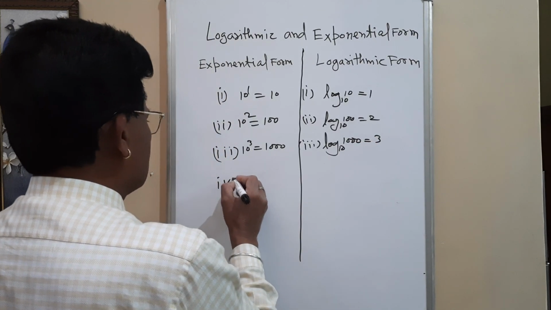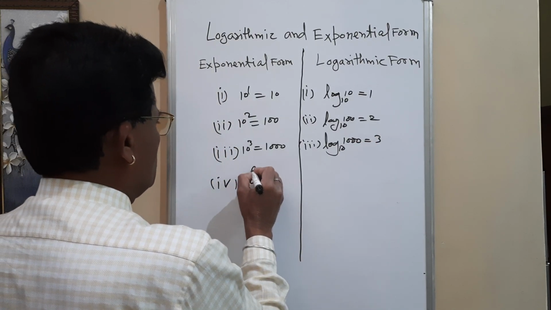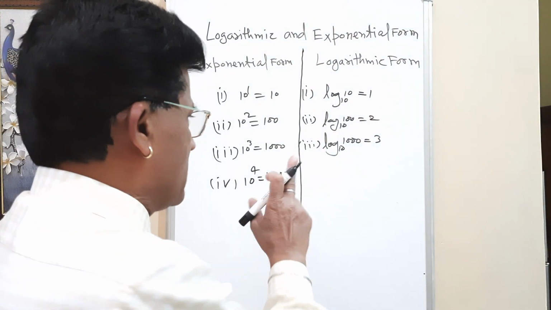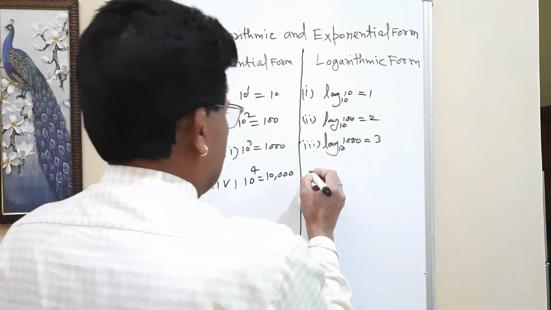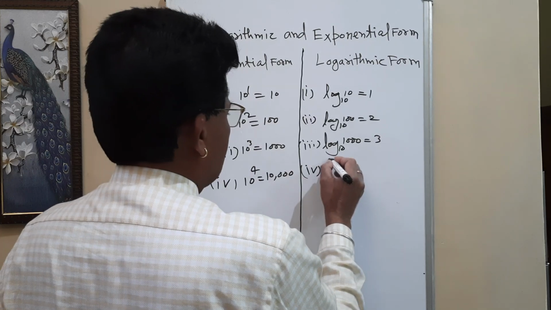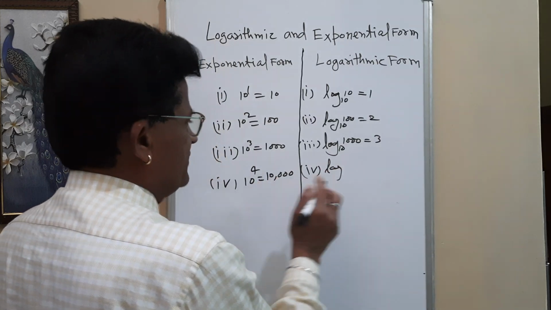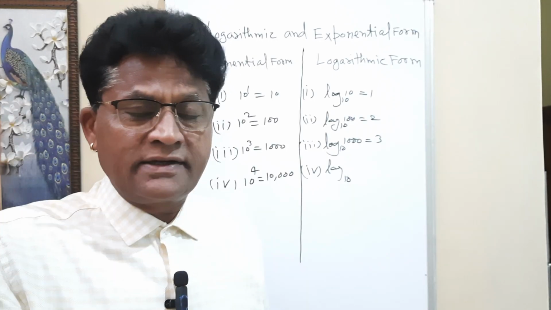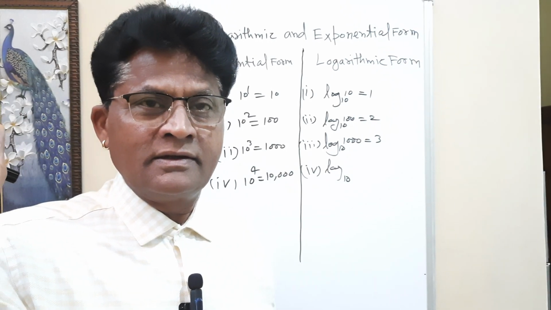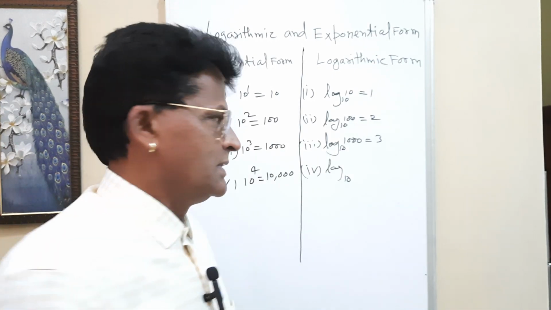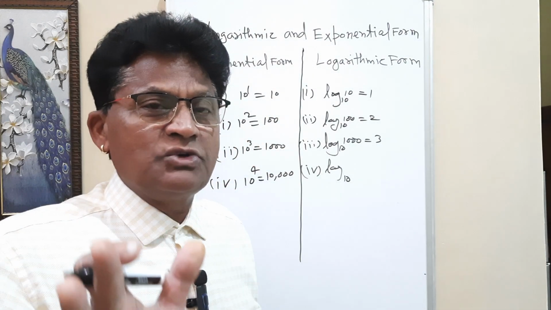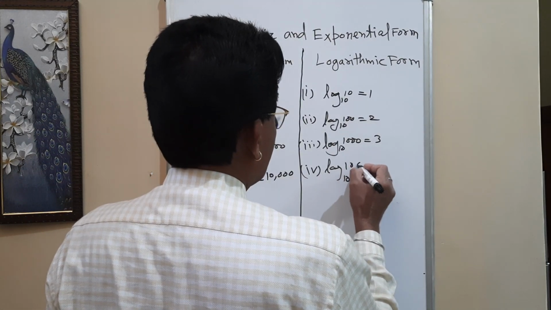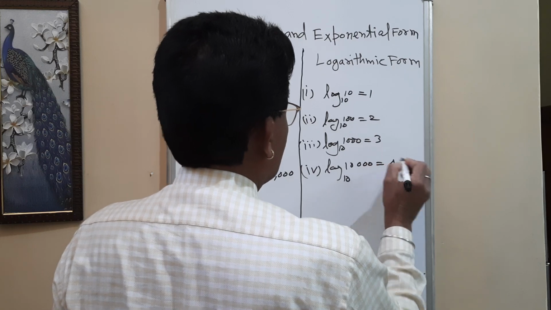Let me take one more example. Suppose 10 to the power 4 is 10,000. Carefully you see, I am telling you the important thing. Exponential form as well as log form: the log base will always be 10 because the base is required. Without the base, you cannot write the log form. Sometimes it may not be given in the question, but that is understood. Base is there. Log of 10,000 is equal to 4.